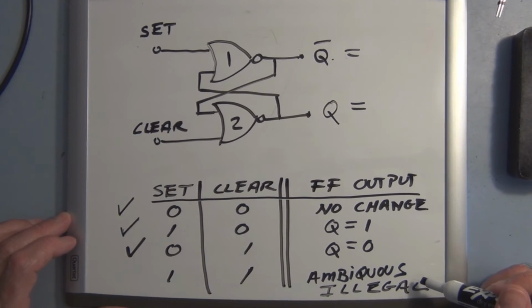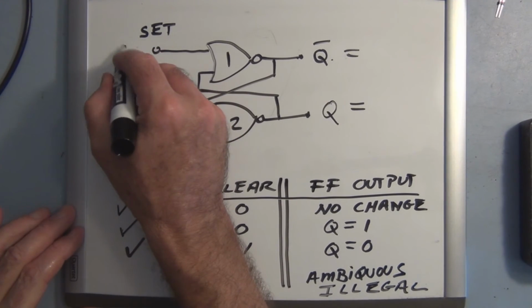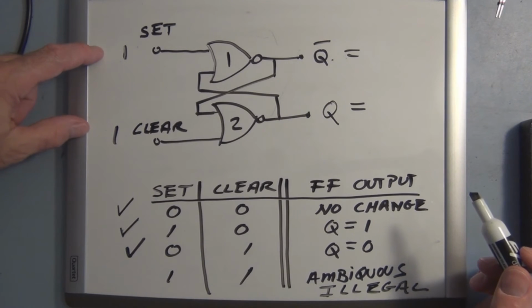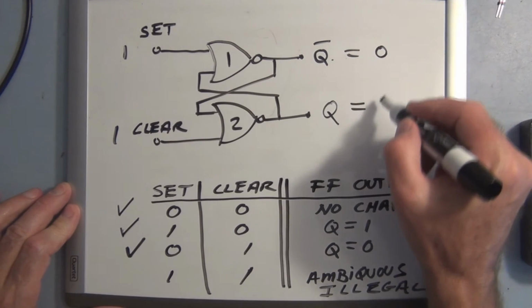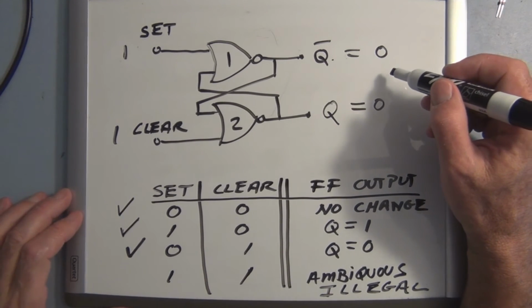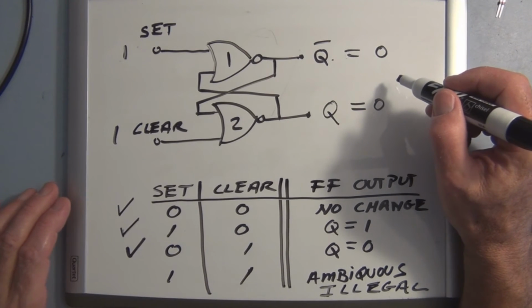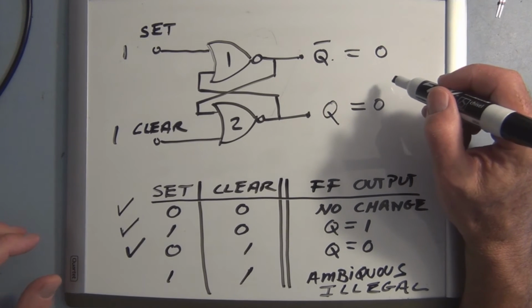This condition is illegal. So what happens when set is equal to 1 and clear is equal to 1? Well, these 1s force both NOR 1 and NOR 2 to go to 0. Right off the bat we have a problem, because by definition we're saying that a flip-flop has two outputs that are the opposite of each other. So by definition this is an illegal condition.